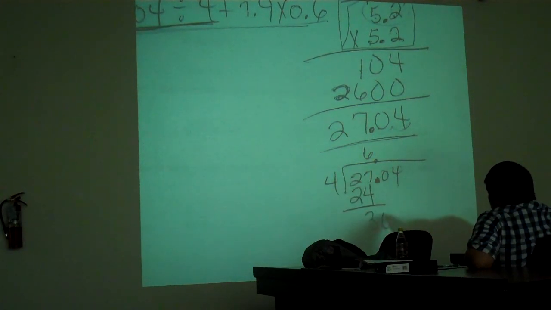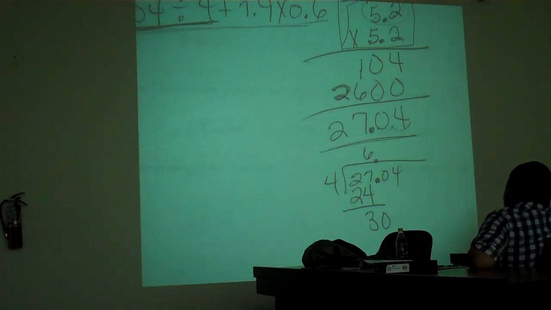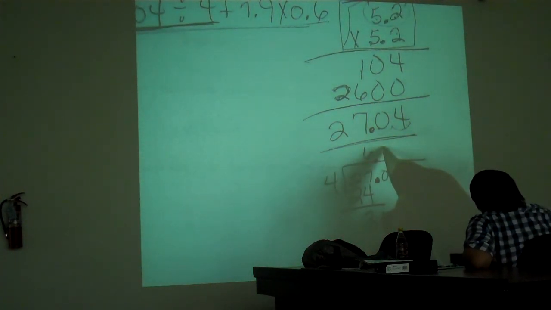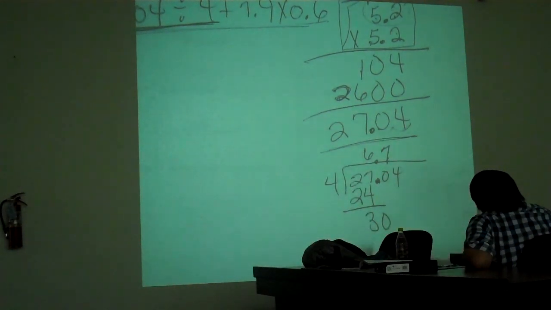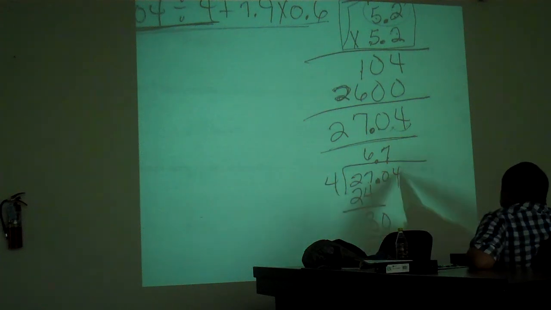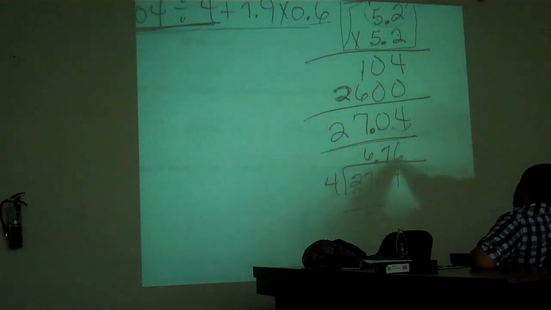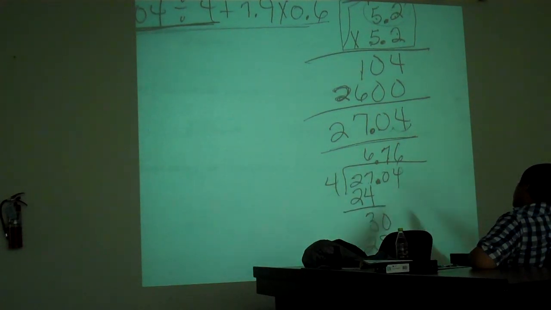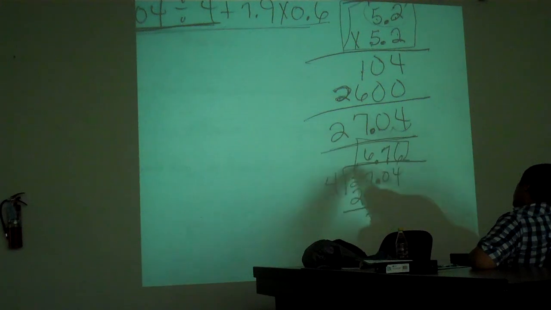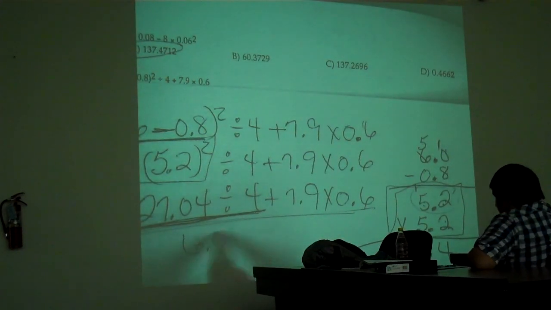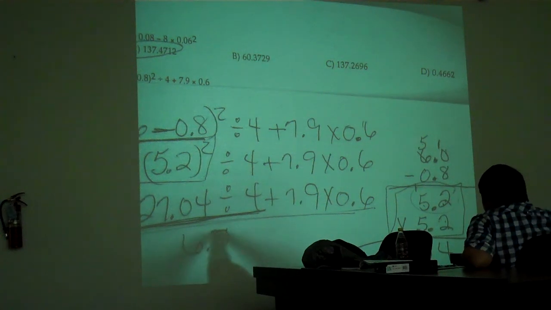Subtract. Bring a 0 down. 4 into 30, 7. 7 times 4 is 28. Okay, subtract this, bring the 4 down. 4 into 24, 6. 6 times 4 is 24, so it came out 6.76. We have that underlined, that's 6.76.